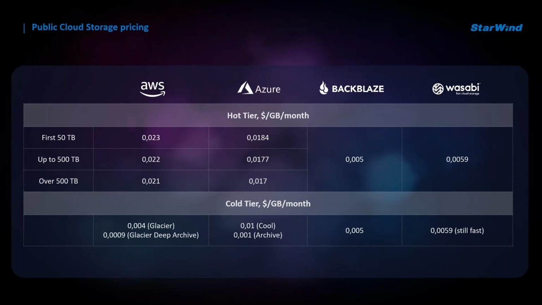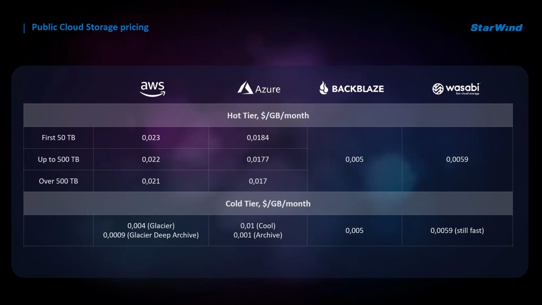If you want to have access to your data quite frequently, you can consider Backblaze and Wasabi as the best options here because you have to pay less, but you have fast access to your data.